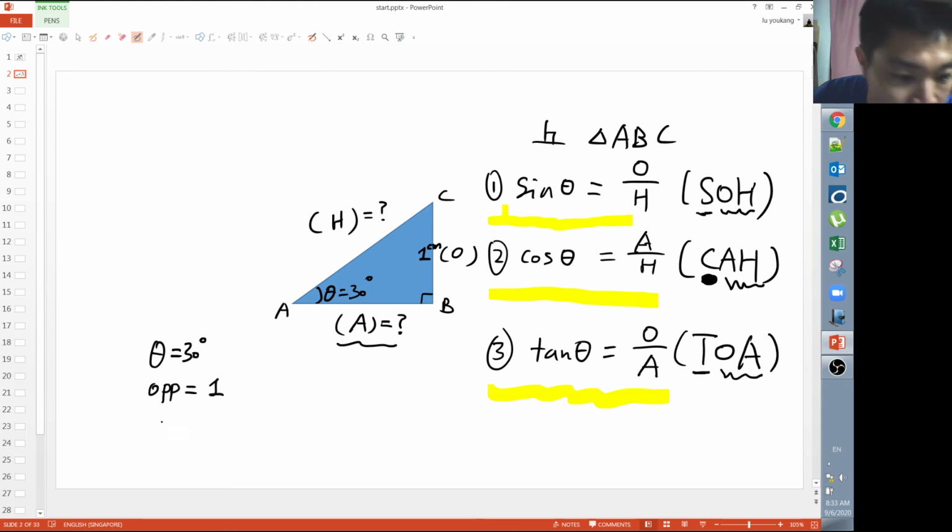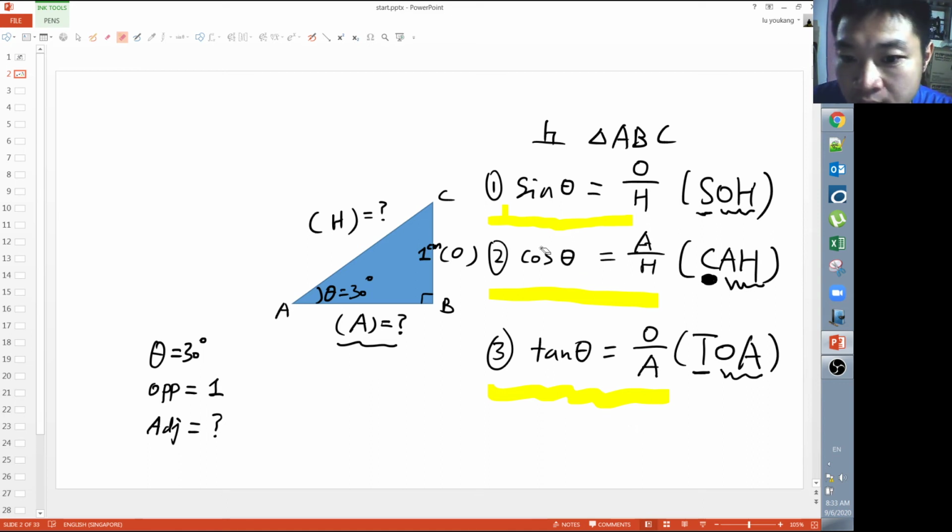In order to find your adjacent, I hope you can see which one of these three rules can give you the adjacent. Let's look at these three rules over here. Which one of these rules has A involved?